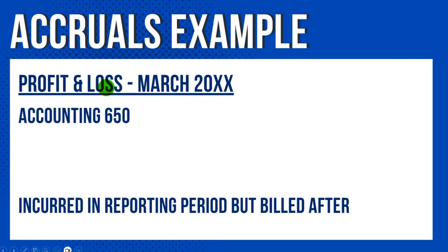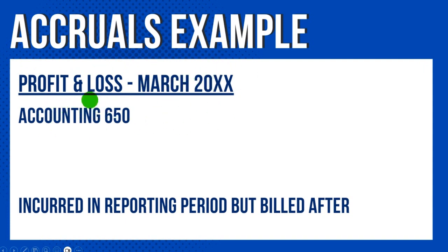And in this example here, let's say we are compiling a profit and loss statement for the financial year March 20 whatever. And the accounting costs for this year, our tax accountant reviews the year and bills us. She sends an invoice of 650. That could be pounds, dollars, euros, yen, it doesn't matter, after the reporting period has ended. So we're doing a profit and loss for the year March 20 whatever.